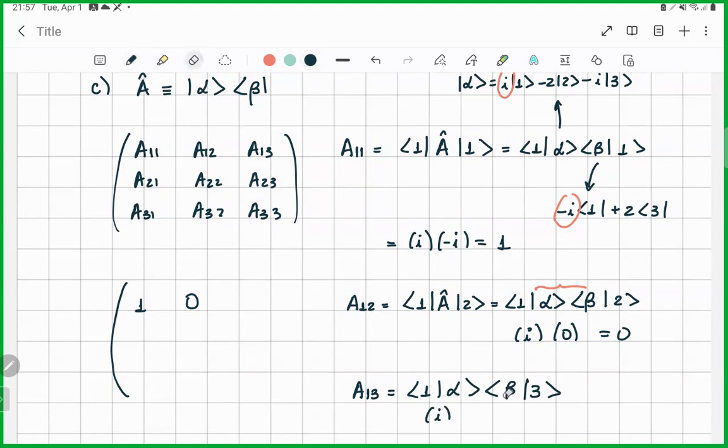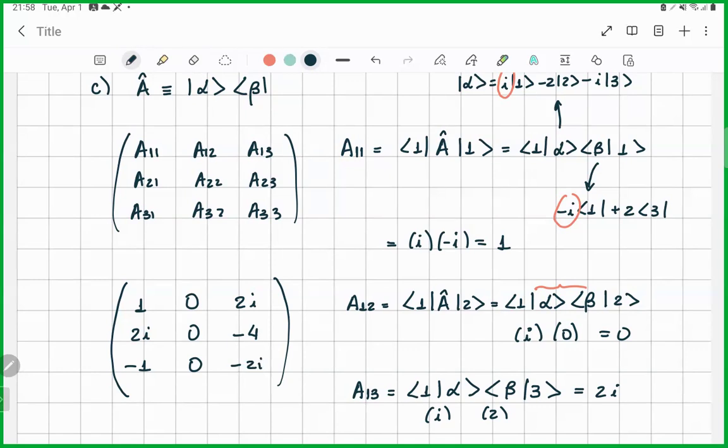Now, beta, so this bra beta product with 3 gives us what? The only thing is the amplitude from 3 that can survive. Okay, so then we put here 2. And then you see that this is 2I. And that's what we're going to put here. And so you go one by one like that, and you will see that here we get 2I, here we get 0, minus 4, minus 1, 0, and minus 2I.